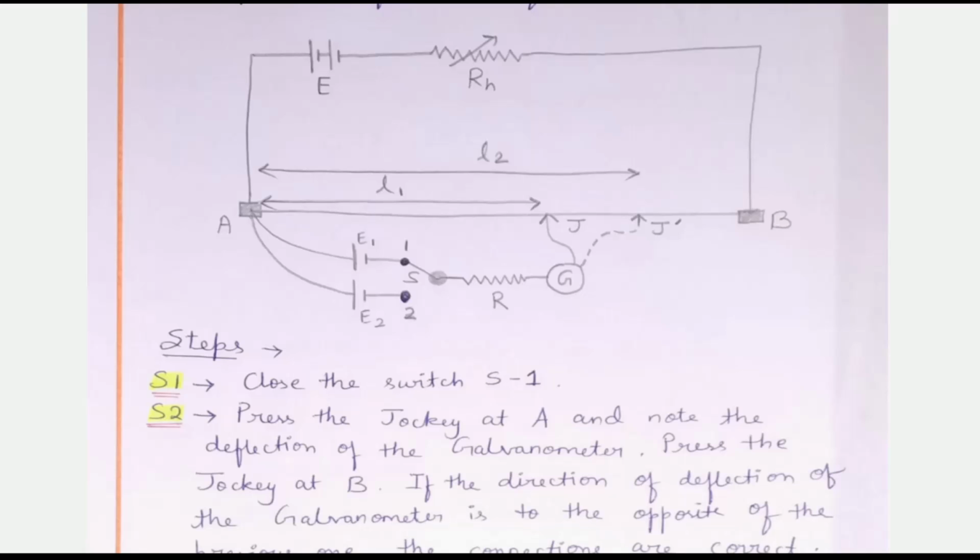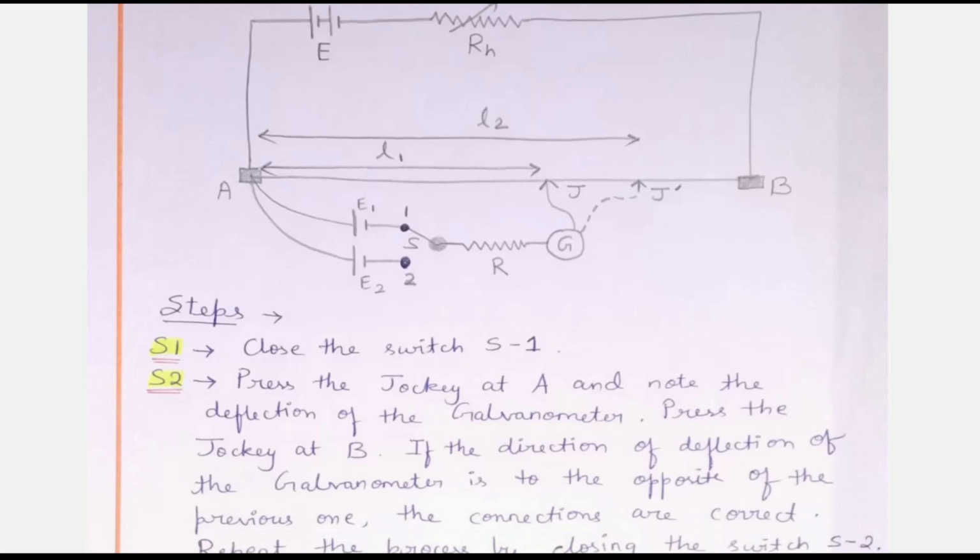If both the directions are opposite to each other, then the connection is correct. Similarly, now connect switch S with 2 and check the same procedure. If the directions of deflection of the galvanometer are different, then the connections are correct. Otherwise, you have to see the connections again.